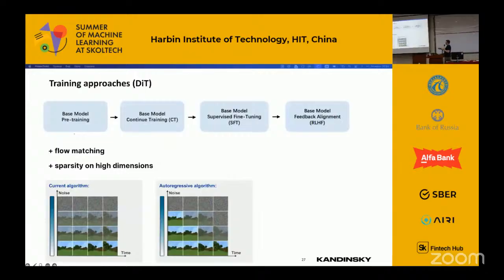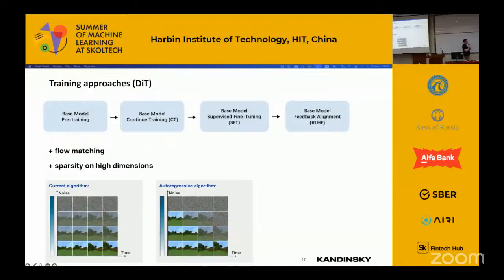We start from pre-train, as in large language models. What does pre-train mean? Pre-train is training on huge amounts of raw video scenes and text descriptions of this video, text captions. A really huge amount.